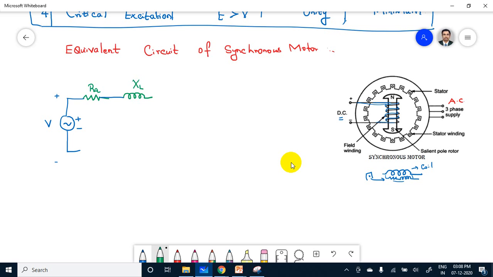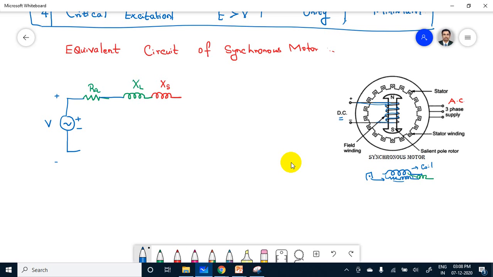Now to make the machine start, we need an additional winding here, that is the damper winding arrangement. I marked this damper winding in a different color. This is XS. XS stands for synchronous reactance.